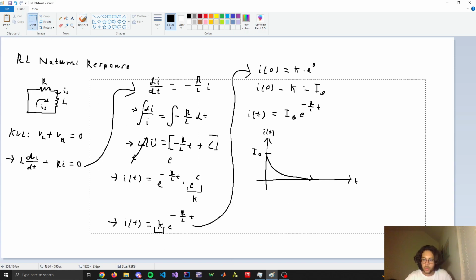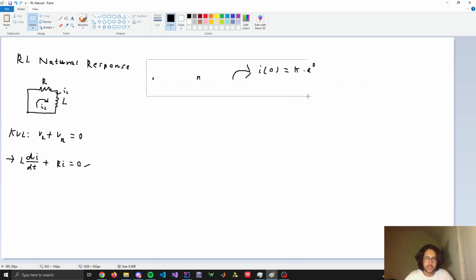I'll also take the Laplace transform, just like for the RC circuit, to show you where the pole is located, and therefore the time constant.